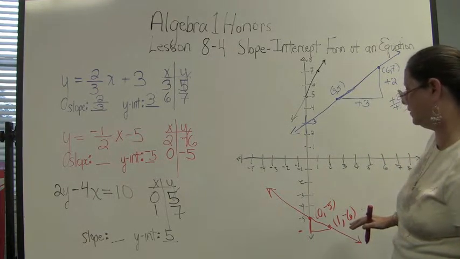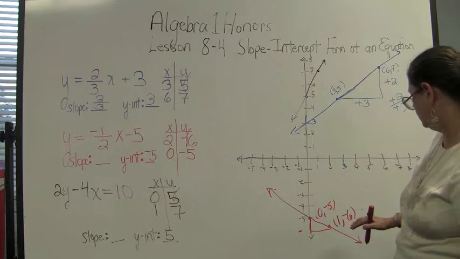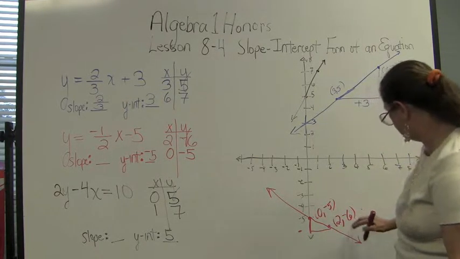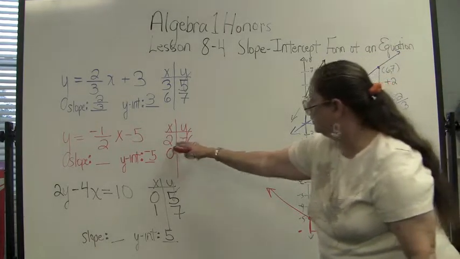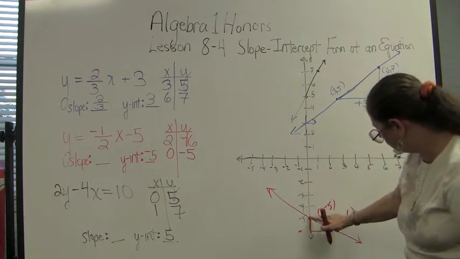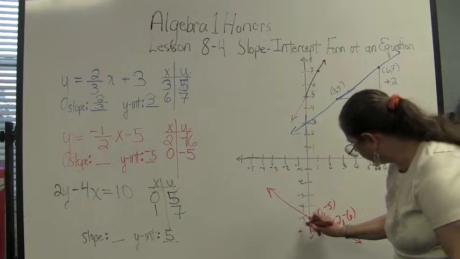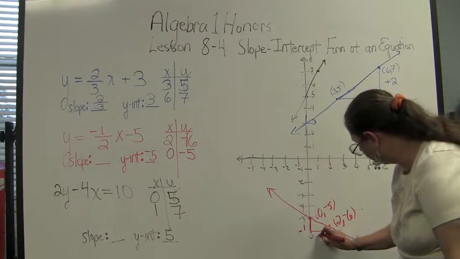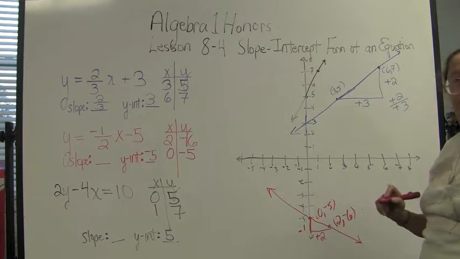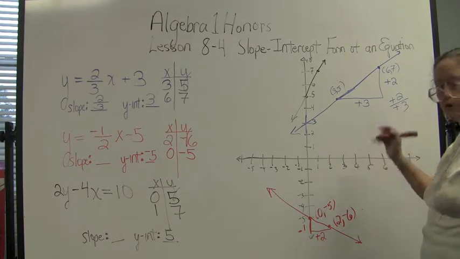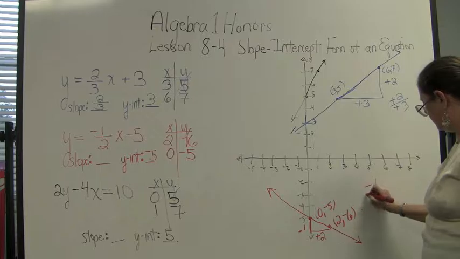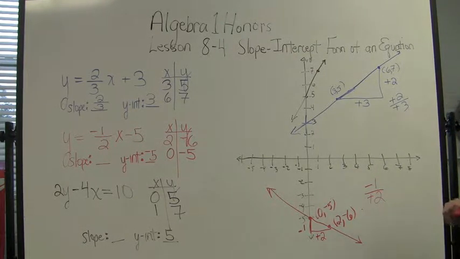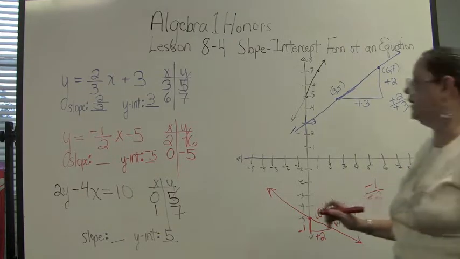Oh, I'm sorry, this is a 2 here, not a 1. So our slope here is down 1. And we went over 2, from 0 to 2, so plus 2. So our change vertically is down 1, and our change horizontally is plus 2. And our slope there is -1/2.